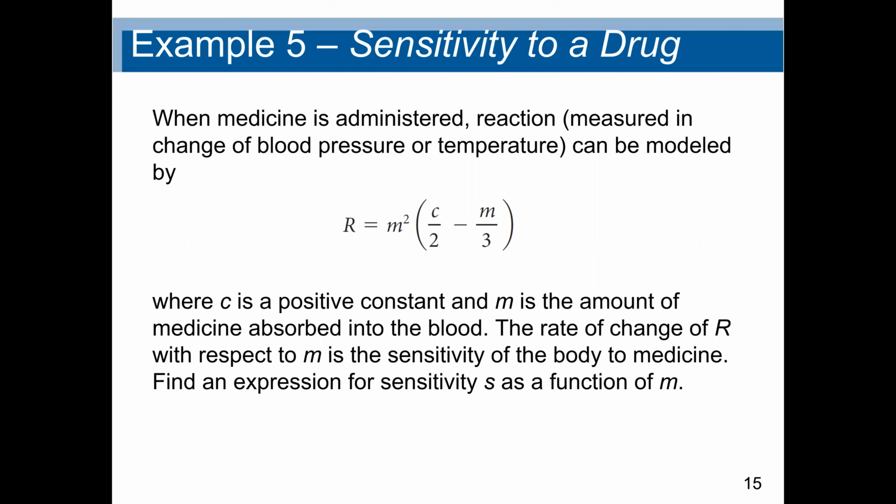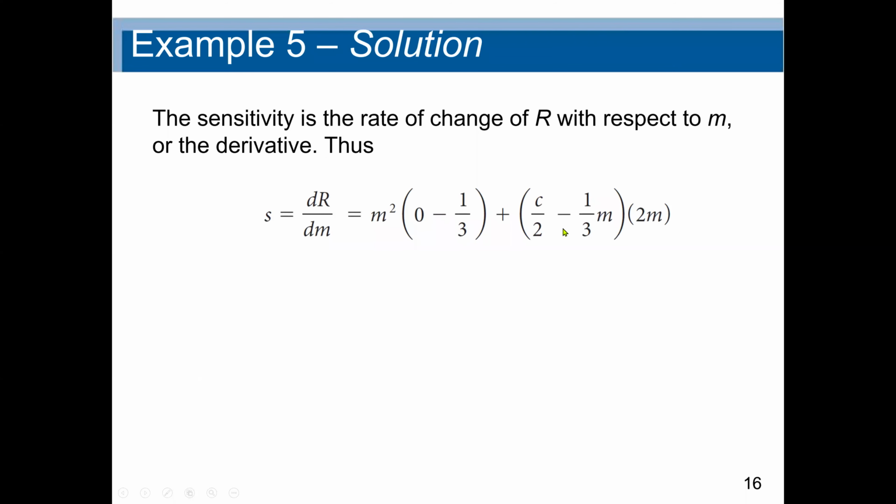To find the rate of change, we have to find the derivative of the model or the function here. The question said we should find an expression for the sensitivity S as a function of M. So we say S will be what? dR/dM. So we find the derivative of it using the quotient.